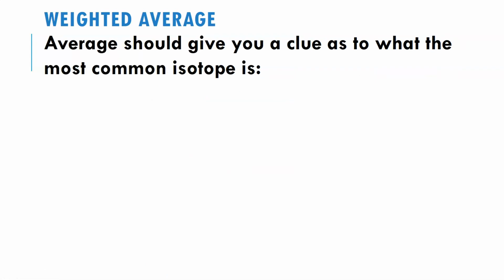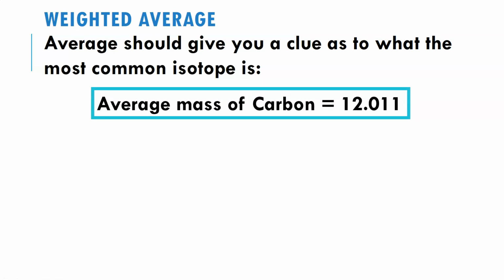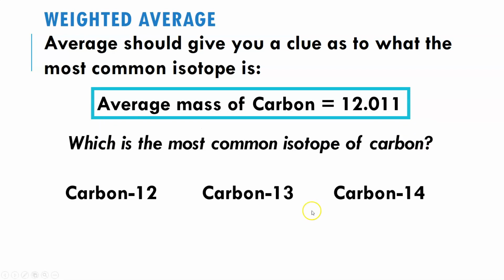One of the things we can do is look at the average and figure out what the most common isotope is probably going to be, using a little bit of common sense. So if carbon's average mass is 12.011, and I know that I have isotope carbon 12, carbon 13, and carbon 14, I can see which isotope this average mass is closest to, and that's going to give me a pretty good guess as to which one is the most common.